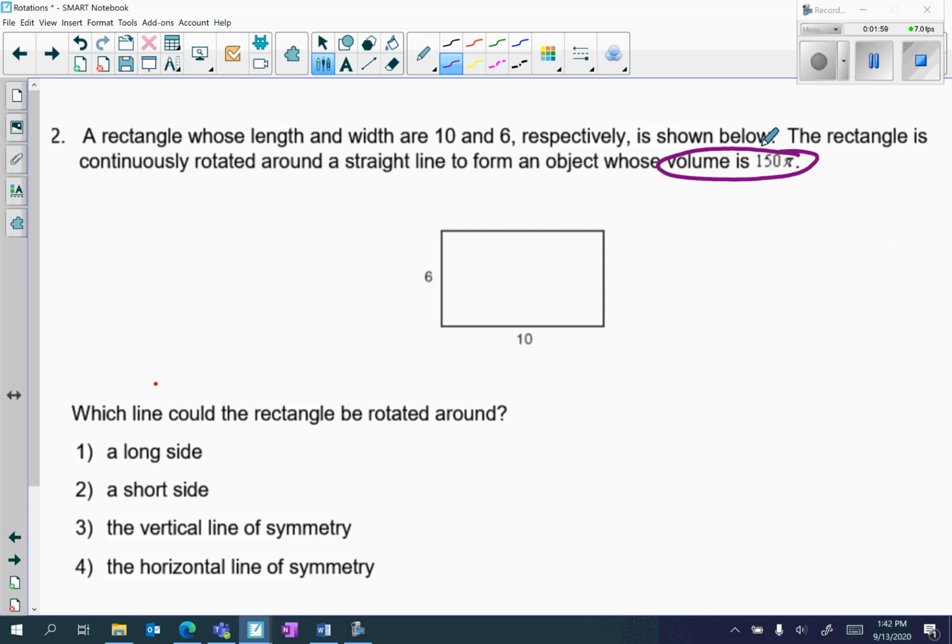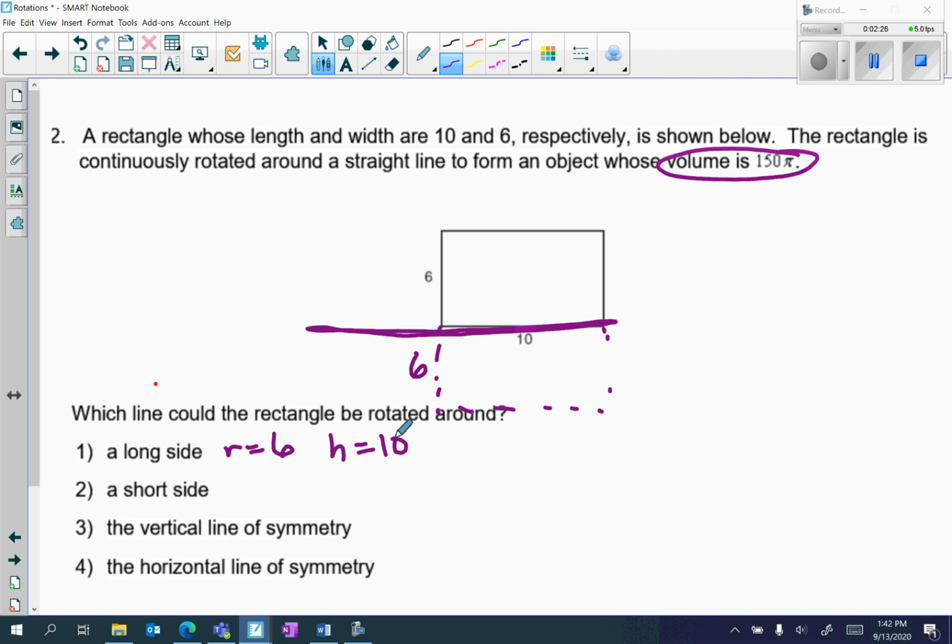So if we rotate the figure along the long side, think of it as if I have this rectangle on a stick and I rotate it. It's going to rotate this way, and I'm going to have another 6 here. So here, the radius would be 6 and the height would be 10.